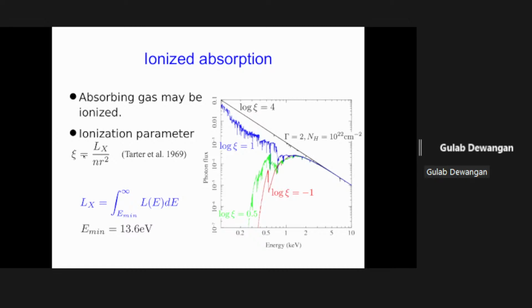This is roughly proportional to the ratio of ionizing photons to the number of atoms. So for every atom, how many ionizing photons are there? It is that kind of number. That's why it measures the level of ionization of the gas. For neutral and almost neutral material, the ionization parameter is very low.